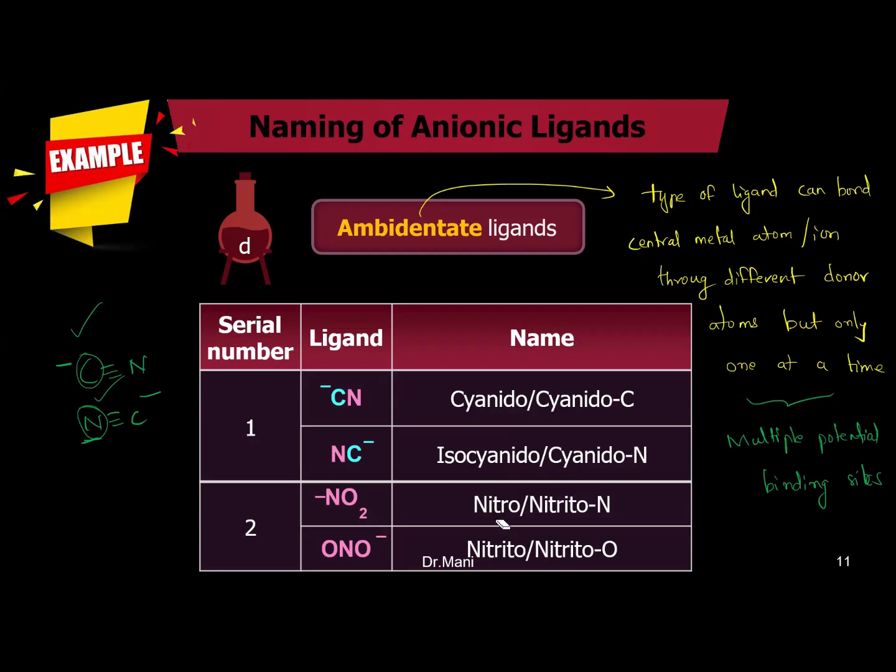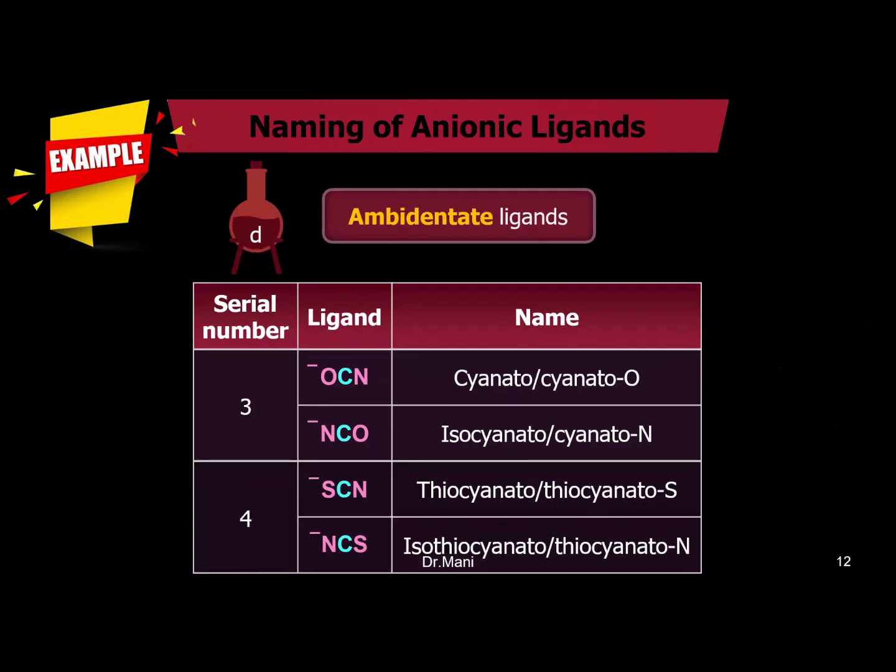Here you can see NO2. You can write it this way, or you can also write ONO minus. That's also one way. You can see more examples here. Cyanato-O, as the binding is happening through the oxygen. If the binding is happening through nitrogen, isocyanato, cyanato-N.